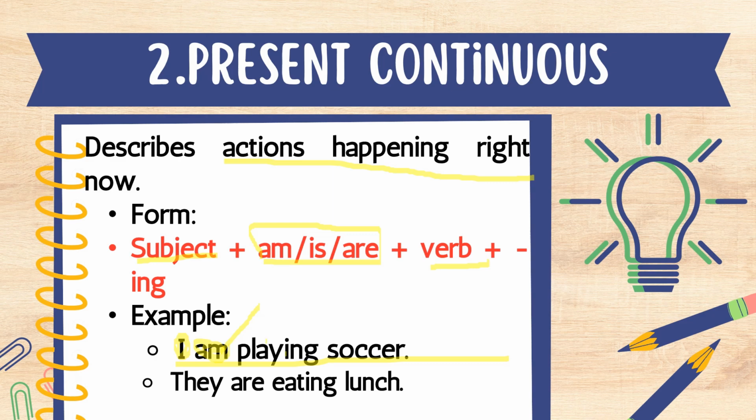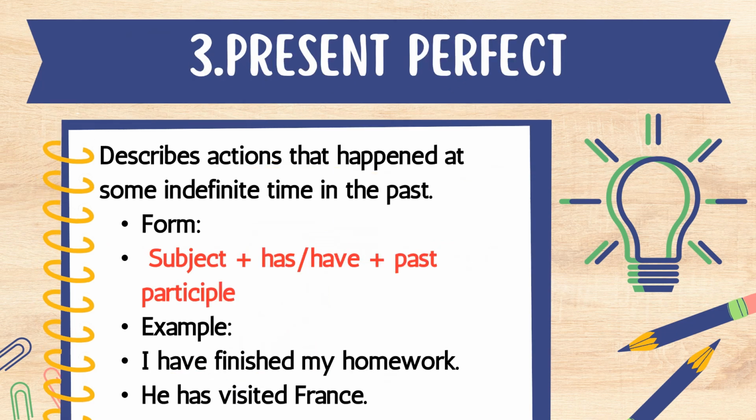So with the verb, what do we have to add? We have to add the ing form to our word. That's what we have done. Playing soccer. That's why it is I am playing soccer. They are eating lunch. So again, we have added the ing form to it, and are is added. Okay, clear?